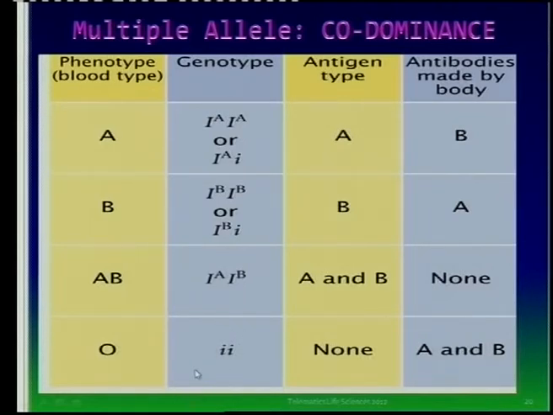Right. Shall we continue? We can continue, but just before we do that, let's emphasize the fact, because this is one of the things where we see learners normally make a mistake: they can't identify which one do we write as the phenotype and which one as the genotype. So please make sure that the A, the B, the AB, and O, the letters that you make, that's the phenotype.